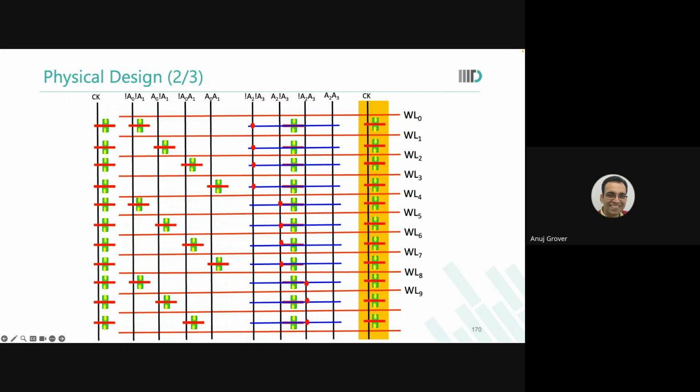In static decoding, the setup time involves the complete decoding logic. Sorry? Setup time involves the complete decoding logic in static decoding, when we use static circuits. So when you use static circuits, where does the clock meet the address for the first time?